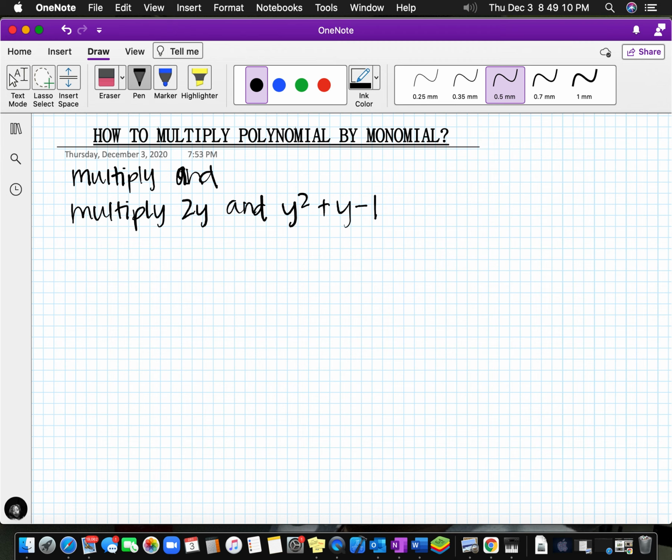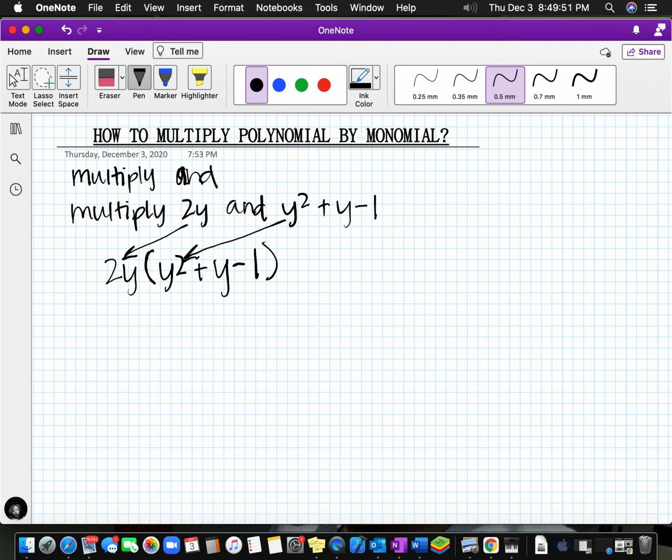You first write the 2y, and then in parentheses we put the other part, which is y squared plus y minus 1. Usually in the distributive property, you would just multiply whatever is on the outside times whatever is on the inside and get your answer. For example, 2y times negative 1 would have been negative 2y, or 2y times y would have been 2y. But that's not the case here.